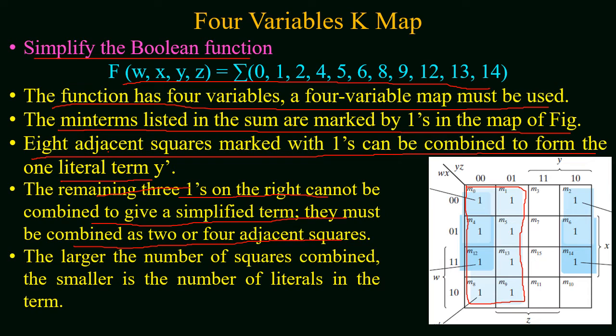But we also know that the more adjacent squares in a group results in a more simplified term. So for the remaining 3 minterms, we will make 2 groups of 4 adjacent squares. And here we will also reuse the already utilized minterms, because adding more adjacent squares to the given group results in a minimum number of literals in a term.